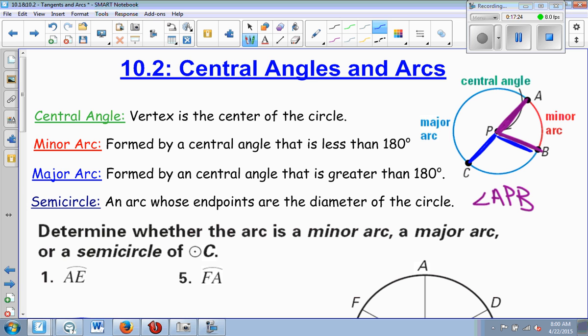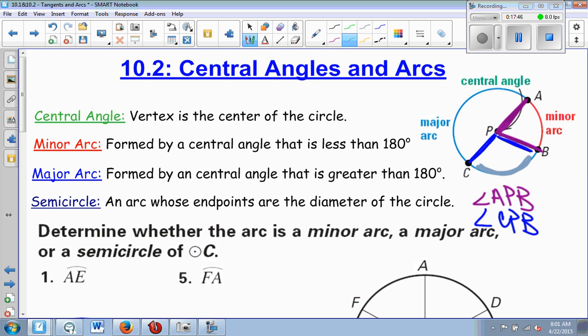The angle that I highlighted in blue, angle CPB, that is a central angle because it has a vertex on the center. We also have these two things called major and minor arcs. A minor arc is formed when your central angle is less than 180, so it is a small arc.